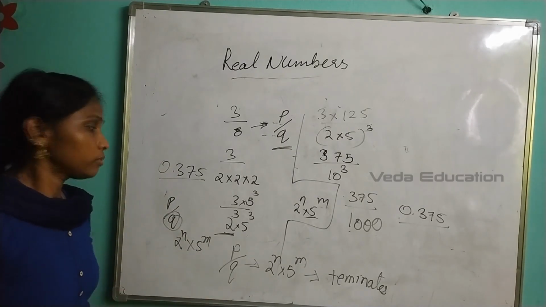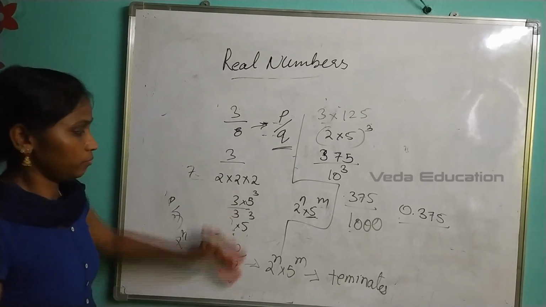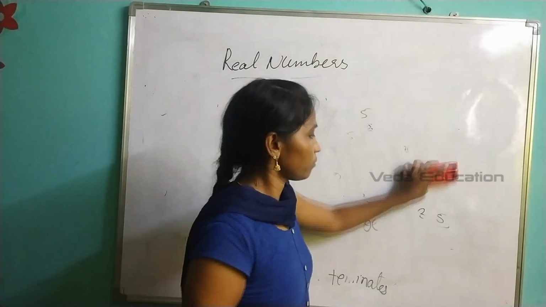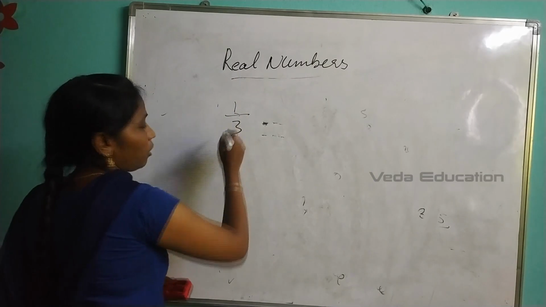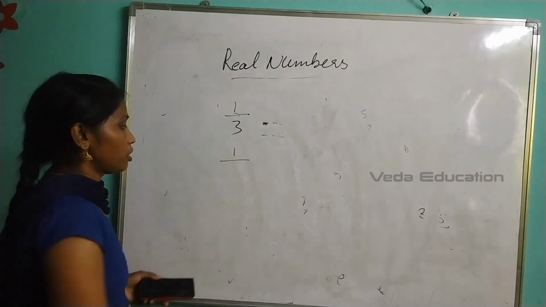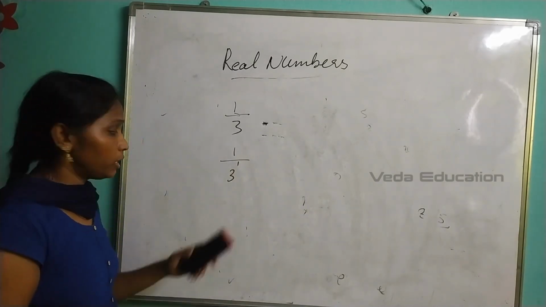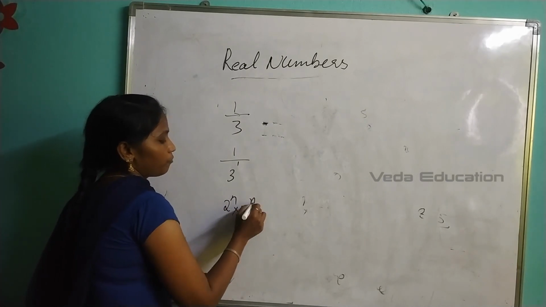So if not, what will happen? It is not a terminating number. It is non-terminating. Look here, 1 by 3. Now, the exponential form for 3 is 3 power 1. Which prime number is involved? 3. What about 2 power n and 5 power m? Is it in the form of 2 power n and 5 power m?